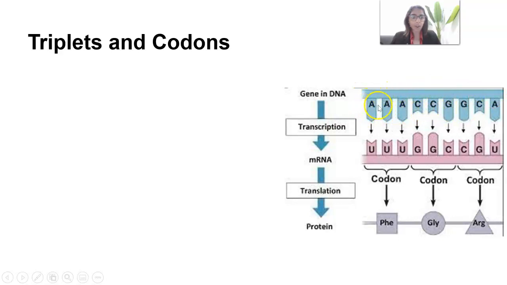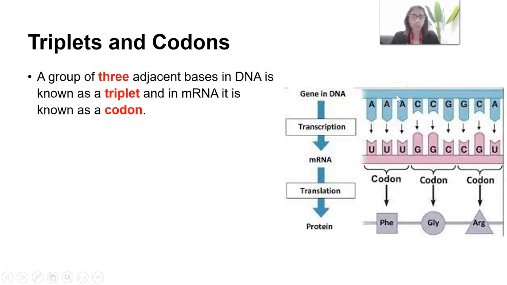Now, when we copy a section of a gene, we copy it in groups of 3. The first group of 3 in DNA is called a triplet. And the corresponding group of 3 bases found in mRNA is known as a codon.